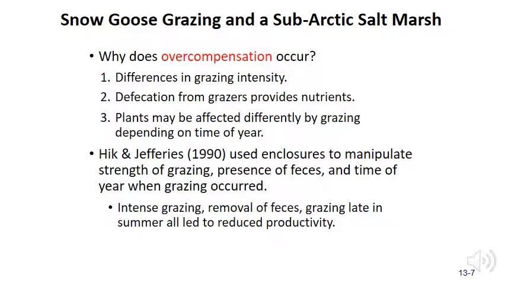They also looked at time of year when grazing occurred, and what they found was that if grazing occurred late on in the year, for example, if they removed feces from those grazed lands, then in those situations, or in a combination of those situations, they tended to find that herbivory actually did have a negative effect on plant productivity. And so while overcompensation is an interesting phenomenon, it doesn't always occur, and indeed it only occurs in specific sets of circumstances that might not come up too often.